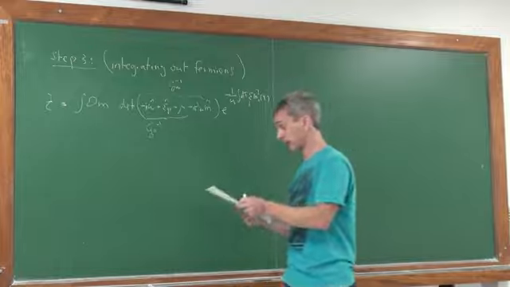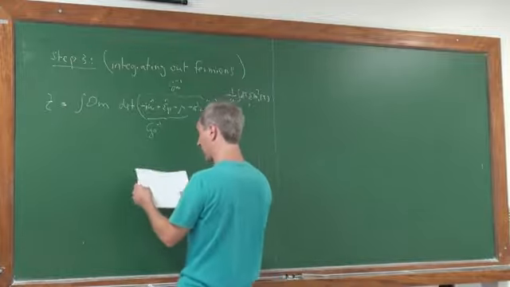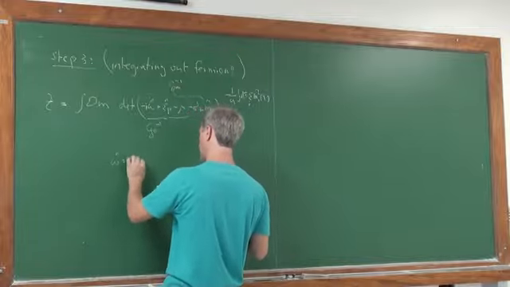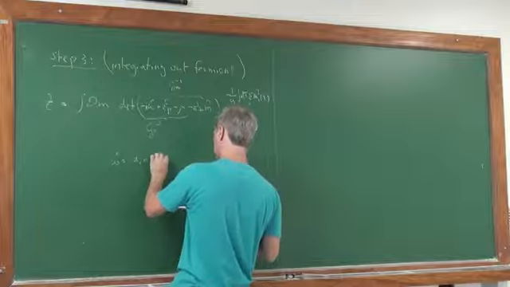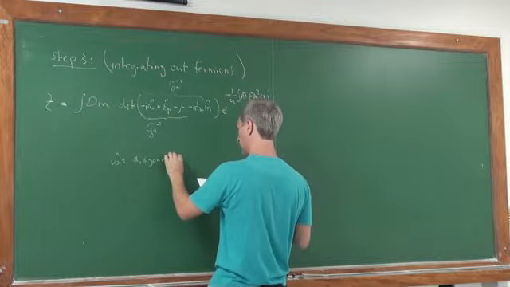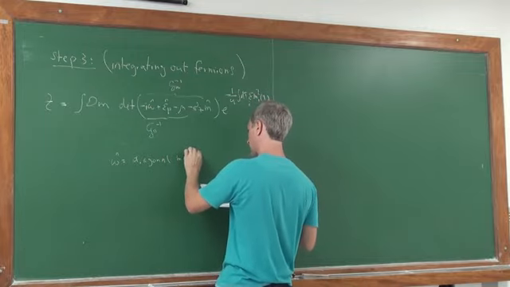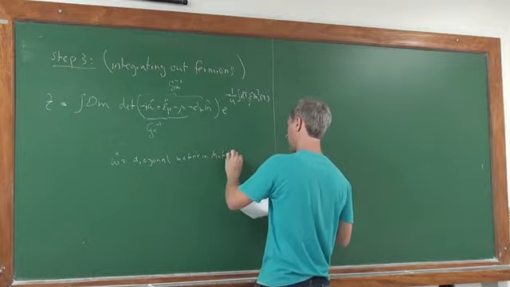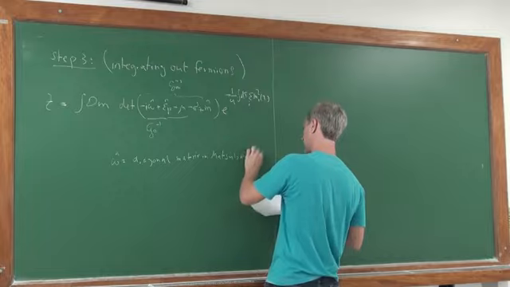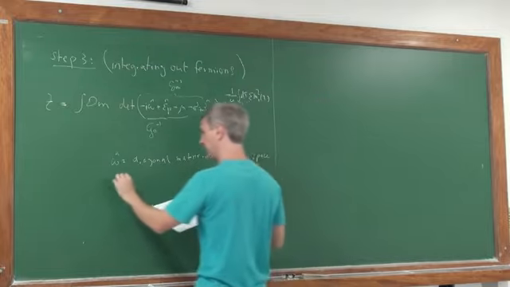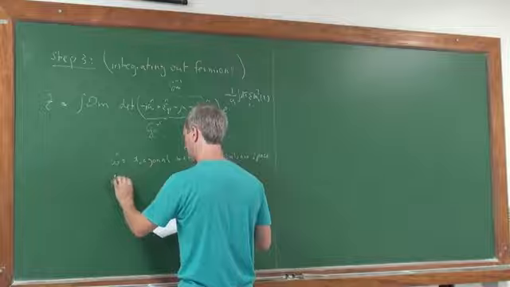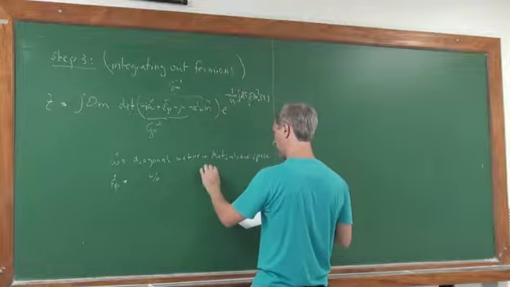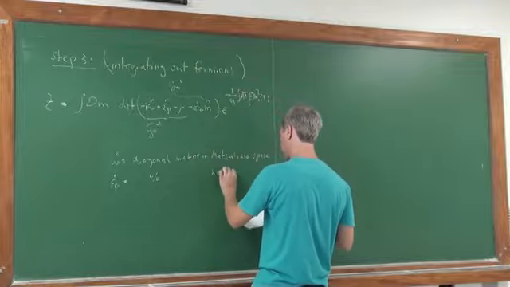Just to recall, omega is the diagonal matrix in Matsubara space, and epsilon p, which we have not specified so far, is the diagonal matrix in momentum space due to translation invariance.